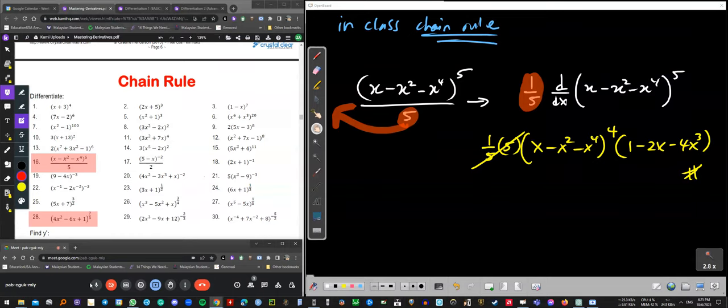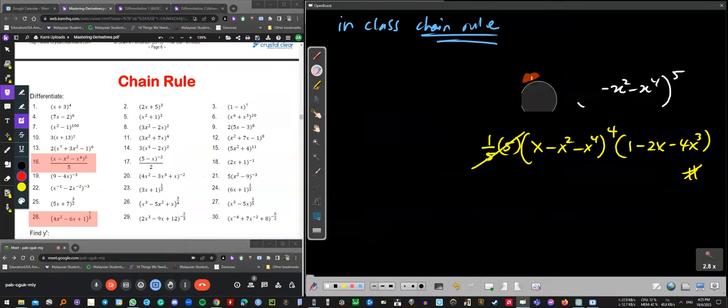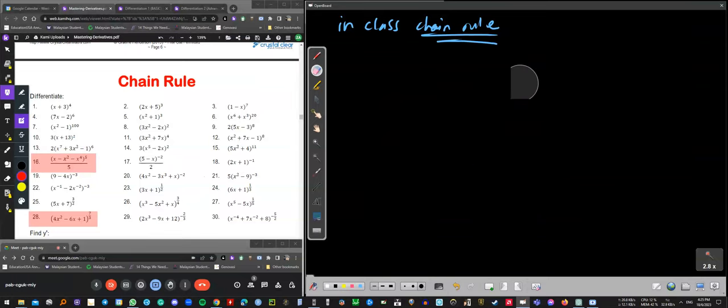1 over 2. Sounds correct. First I take out this and then I d/dx kan. (5 − x) to the power of negative 2.